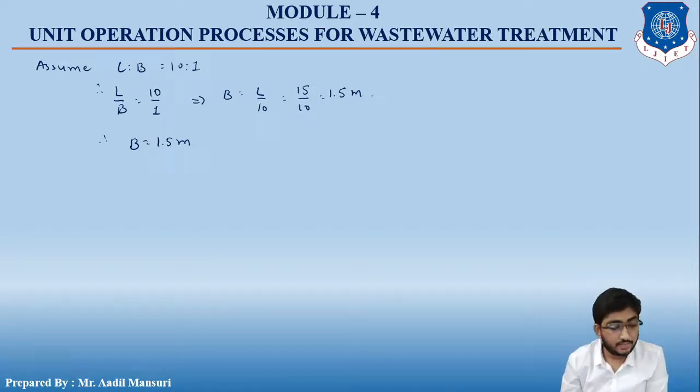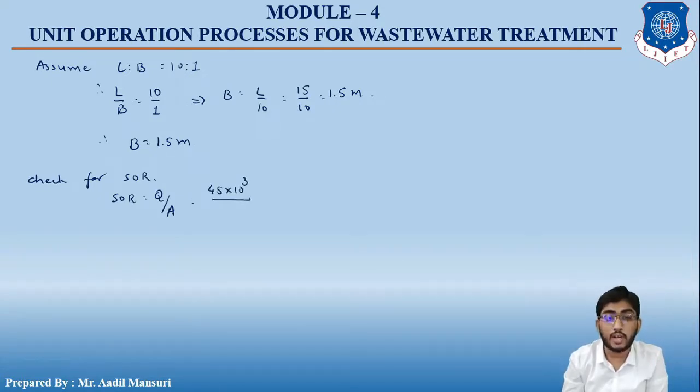So next is to check for SOR. Check for SOR, right? So in SOR, discharge per unit plan area, right? So what was the discharge? 45 into 10 to the power 3 meter cube per day. And what was the area? Area we have to consider plan area, so that will be equals to 15 into 1.5, right?